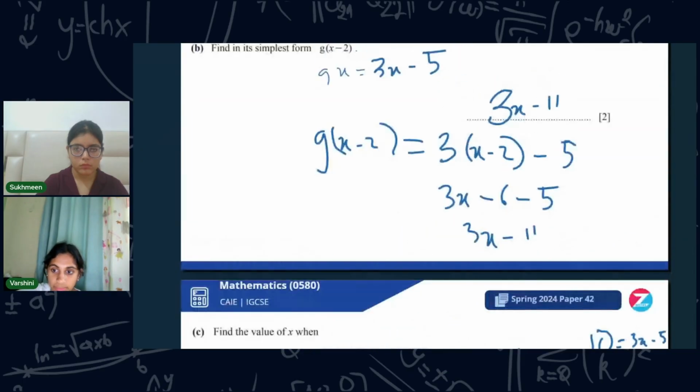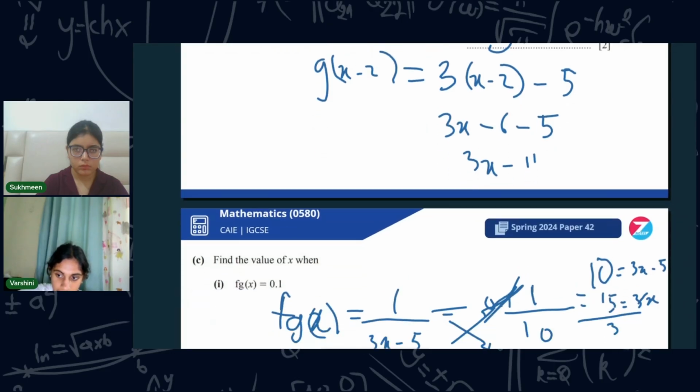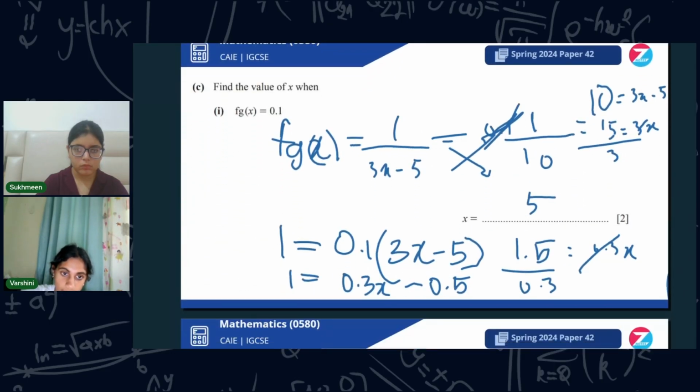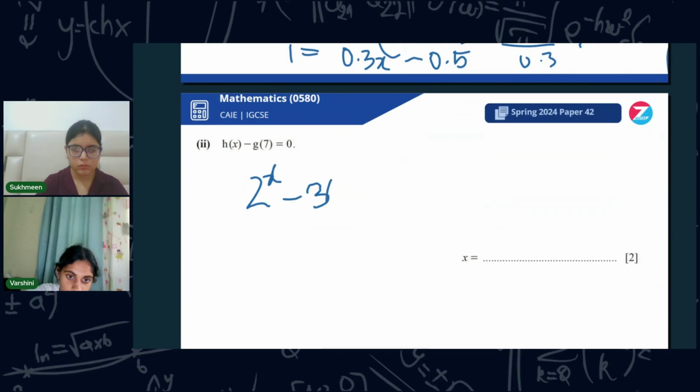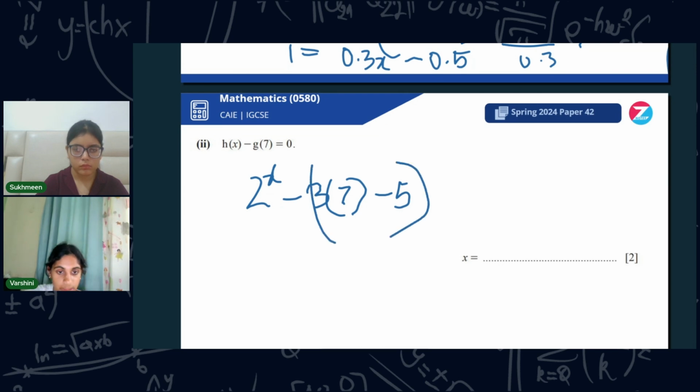So that's going to be 3 into 7 minus 5, because g of x is 3x minus 5, and now x is 7. So minus 3 into 7 minus 5. So remember this whole thing.